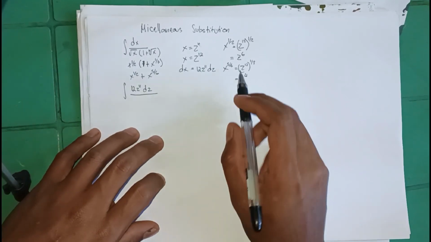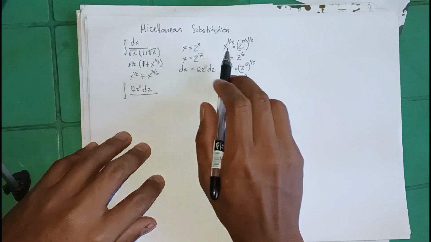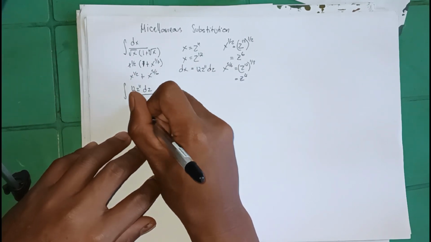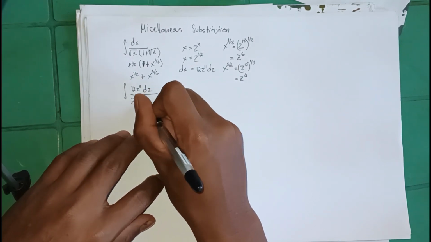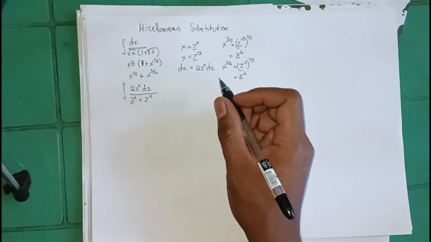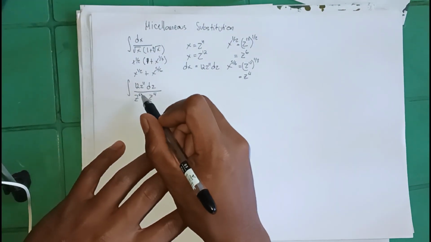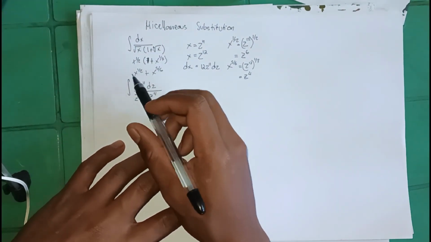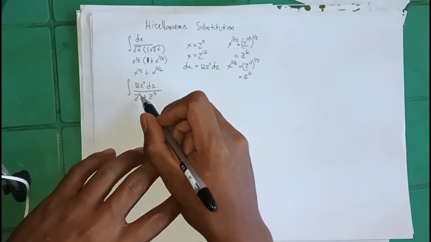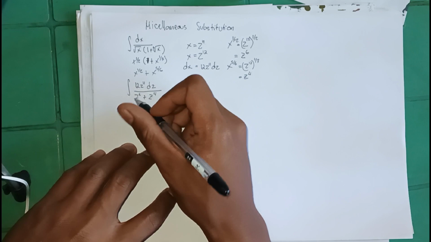So we can write this in terms of z. Our x to the 1/2 is z to the 6 plus z raised to the power 4. So notice that we can divide by z to the 4, leaving z to the power of 11 over z to the 6.